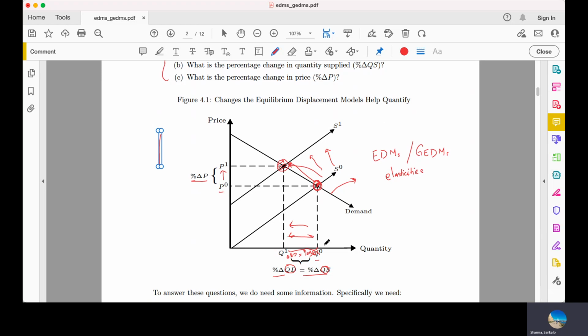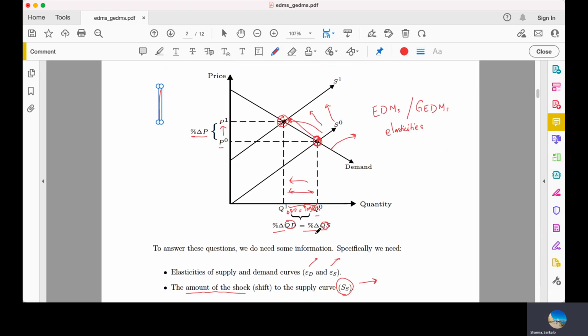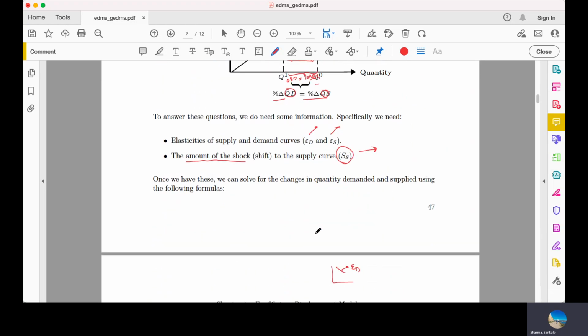To make that determination, what you can clearly see is that the percentage change in quantity demanded has to equal the percentage change in quantity supplied. If you know that to be true, you can then equate those two equations to compute the percentage change in price. That's essentially what we try to do here.